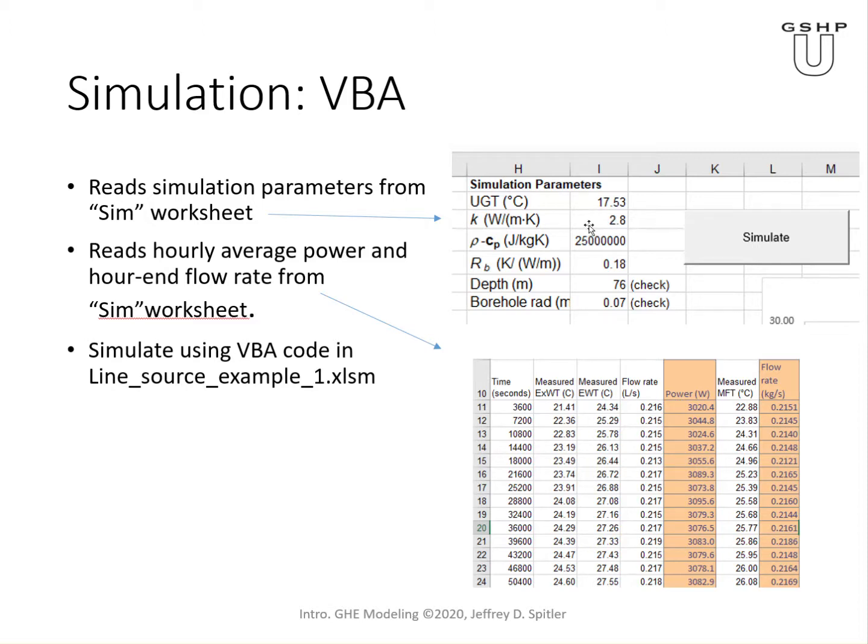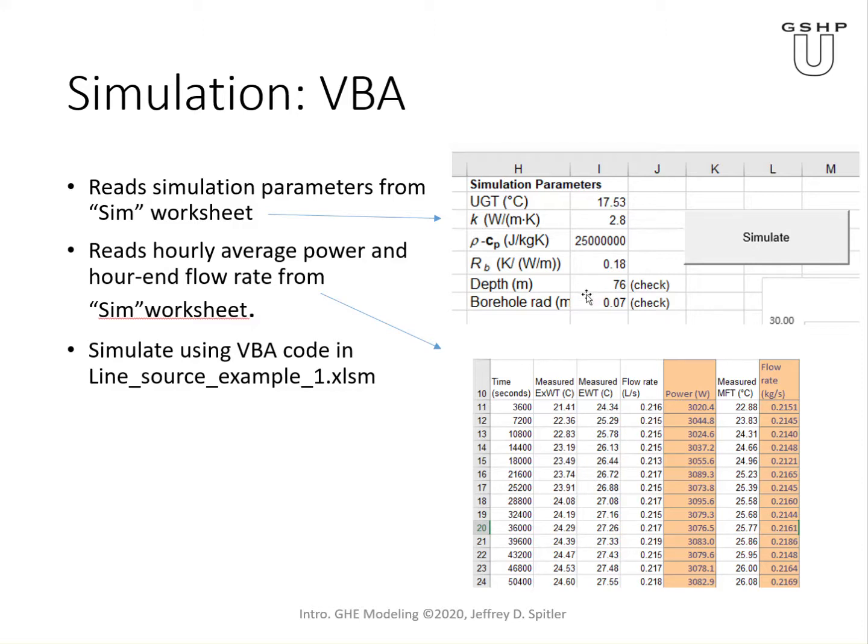The conductivity is actually my best estimate, though we will play around with it. For rho CP, I just took a typical value for the ground. The borehole resistance, again, I adjusted to meet the conditions. I didn't actually check the depth, so it's possible I don't have the right depth here.